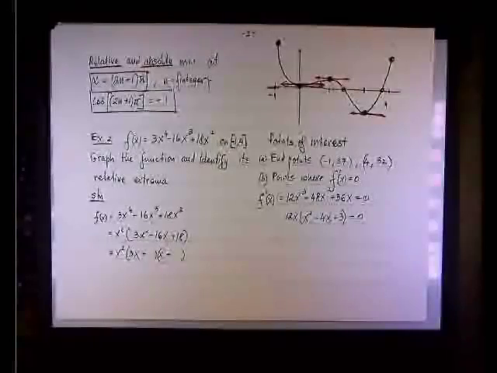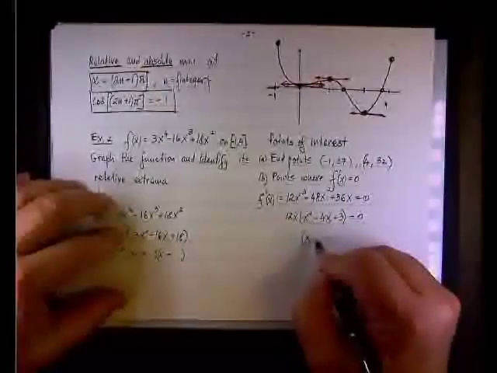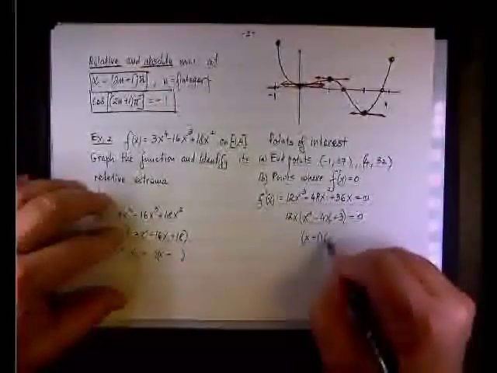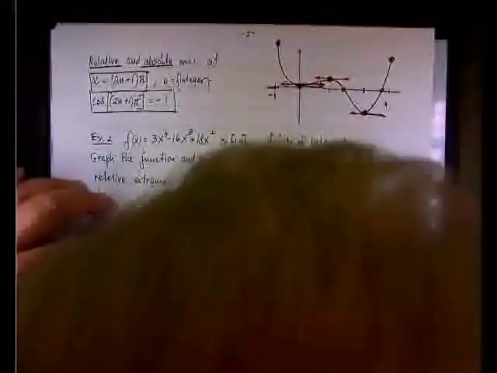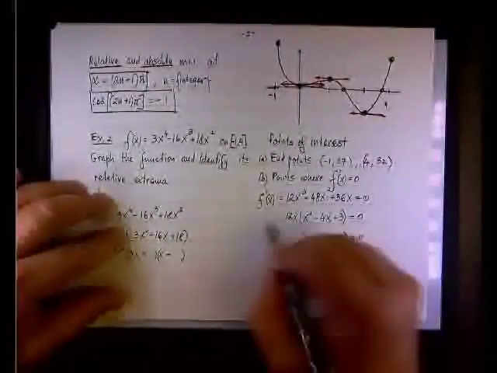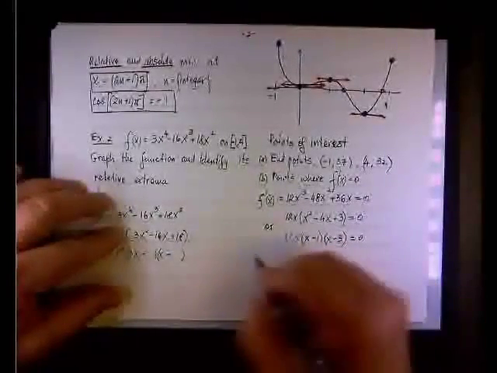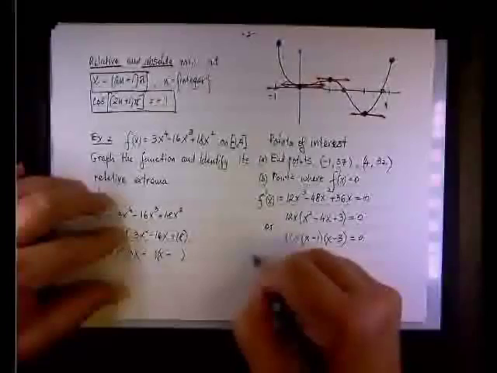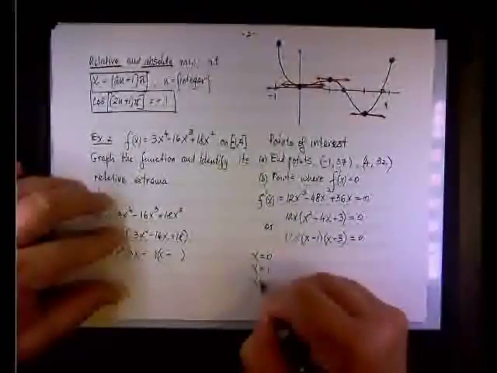So there is an invisible 12x here until the whiteout dries. How do we factor x squared minus 4x plus 3? That's easy enough. That will be x minus 1 times x minus 3 equals 0. And here we have the 12x. Okay, so we have x equals 0, x equals 1, and x equals 3.